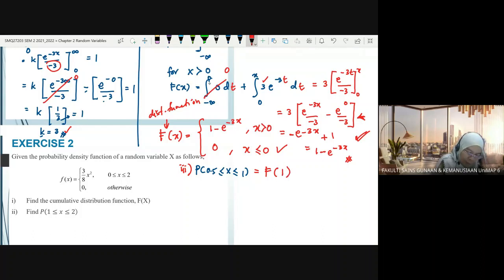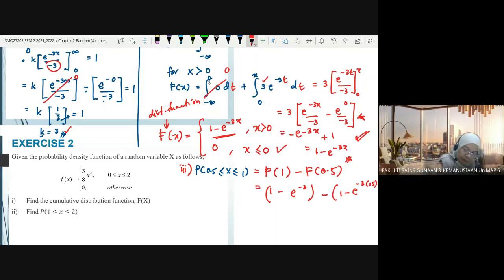So F(1) minus F(0.5). Taking the value of this, you will have 1 minus e to the power of negative 3, minus 1 minus e to the power of negative 3 times 0.5.